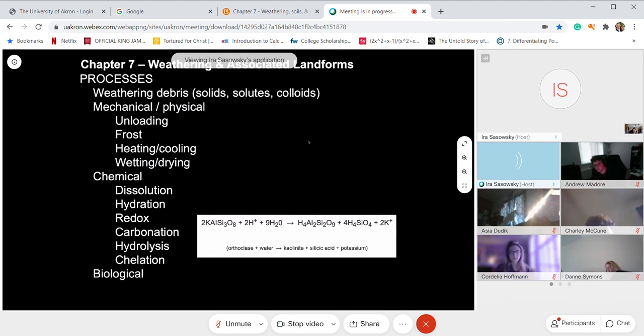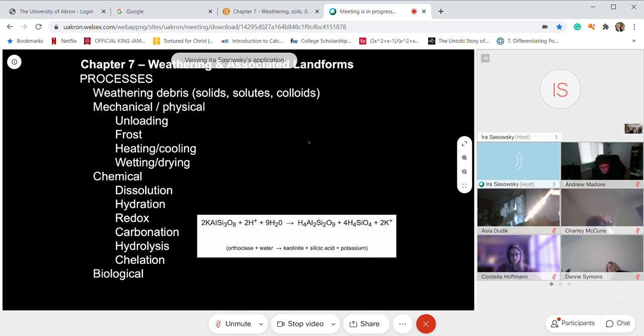Our fourth type of chemical weathering is carbonation, and that involves the formation of carbonates or the destruction of carbonates. And these are related to carbonic acid, H2CO3, which can exist in various forms in natural waters depending upon what the pH is.